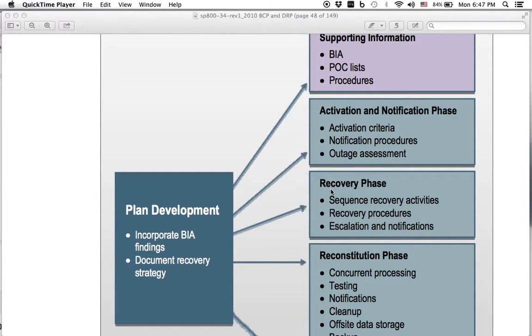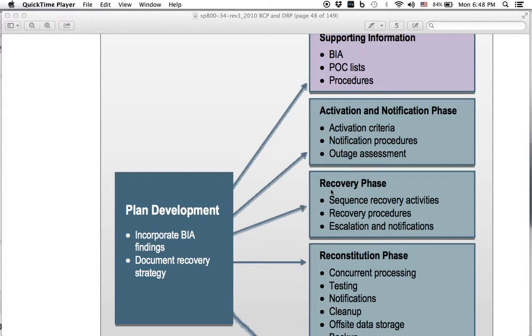The next module is the recovery phase. After we notify all stakeholders to make them aware of the crisis, the particular persons in charge need to carry out recovery. One is the business function, the other is the technology function. For the technology function, we need particular teams like a network recovery team, a database recovery team, an IT security recovery team, a system development recovery team, and a disaster coordinator.